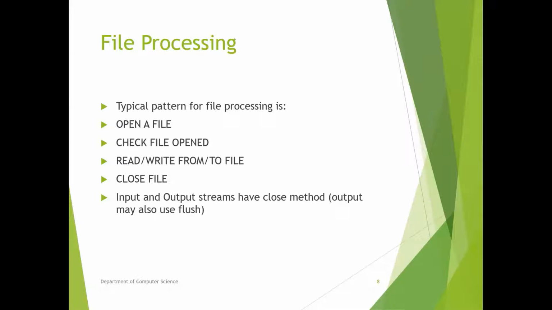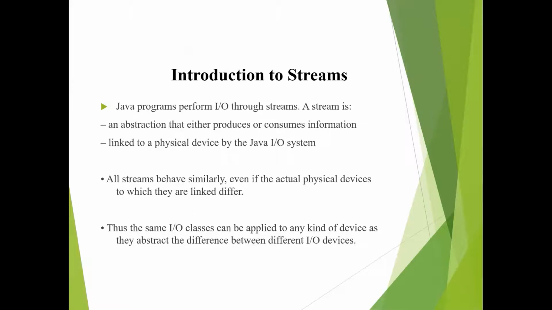Then call the read method to read the data from the source, call the write method to write the data, and close the file. So the main features of file processing are to create a stream class based on source and destination, call the read method to read the data, and call the write method to write the data.